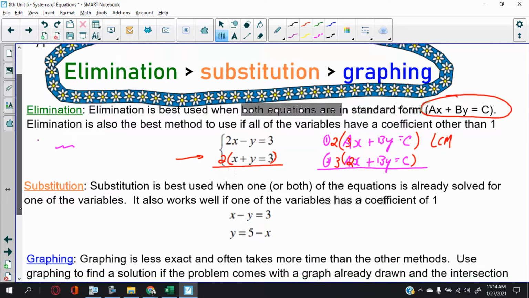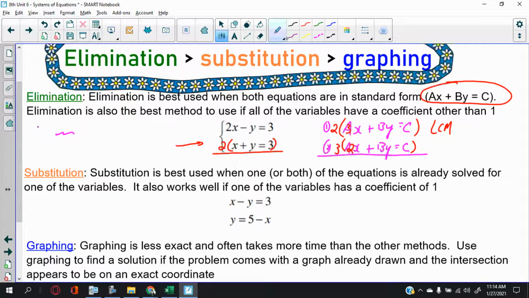And then secondly, substitution is best when one of the variables is isolated. For example, in this case, the first equation is already in standard form, but the second equation is not in standard form. That's in slope-intercept form, y equals mx plus b.